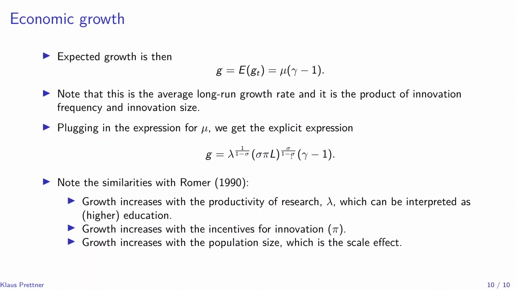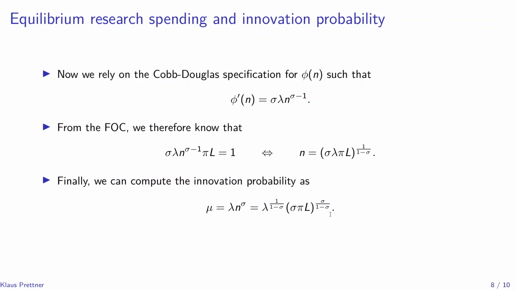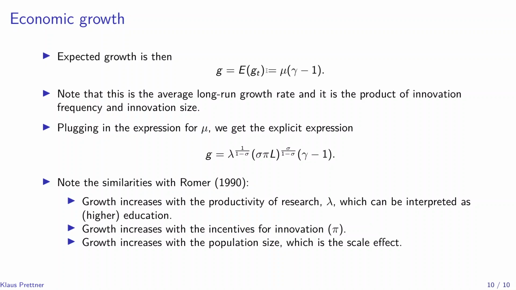And then we can plug in the expressions that we had for mu, which was from one of the previous slides here. So that's this expression that we plug into the expected growth rate. And then we get the expected growth rate in the economy just as a function of parameters. So it's an explicit expression. It's solved explicitly. We have the long run economic growth rate in the economy.